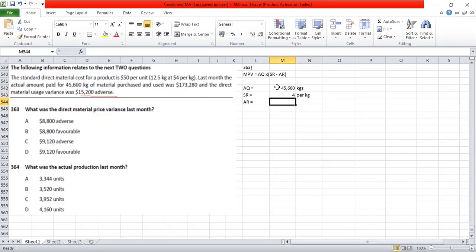Then actual rate is equal to 173,280 divided by 45,600. Find out the material price variance: $9,120 favorable.